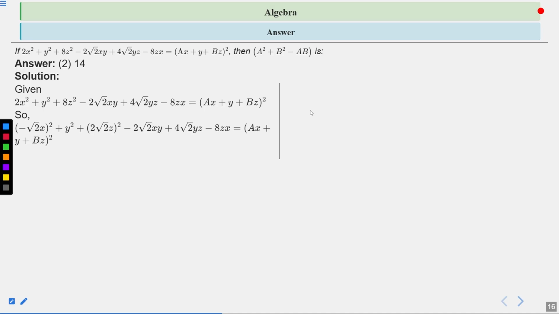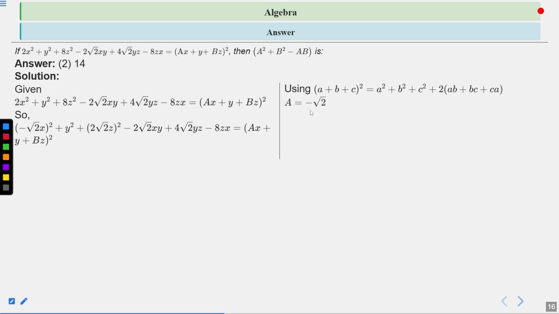When we simplify it, we can write it in the form of (−√2x)² + y² + (2√2z)² − 2√2xy + 4√2yz − 8zx = (ax + y + bz)². Now using the formula (a + b + c)² = a² + b² + c² + 2(ab + bc + ca).